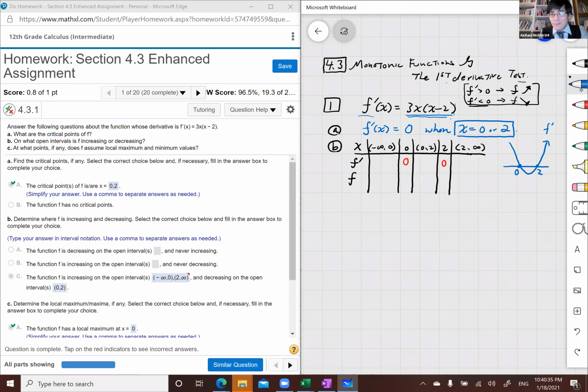From looking at the graph, the function is negative when x is between 0 and 2. And the function is positive when x is greater than 2 or when x is less than 0. By looking at the parabola, it's easy to see it's changing from positive, to negative, and to positive. So by using the first derivative test, when f' is positive, the original function is increasing.